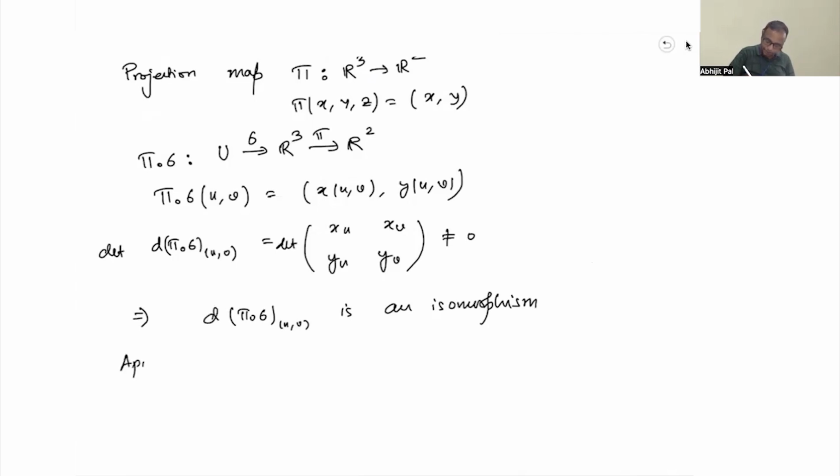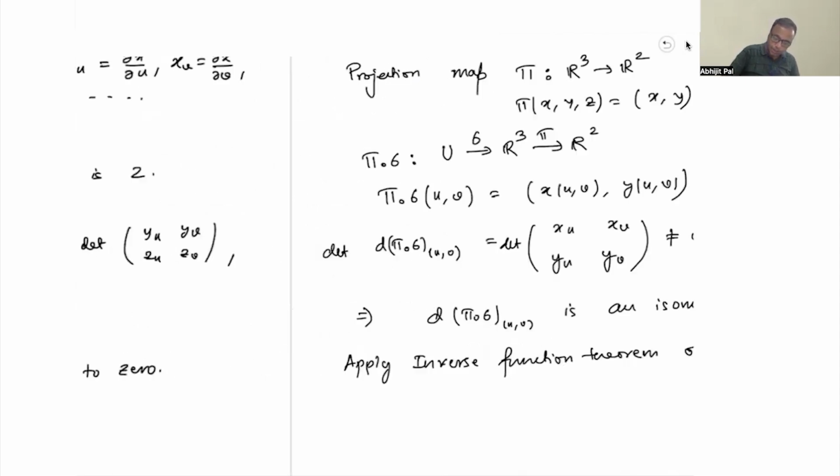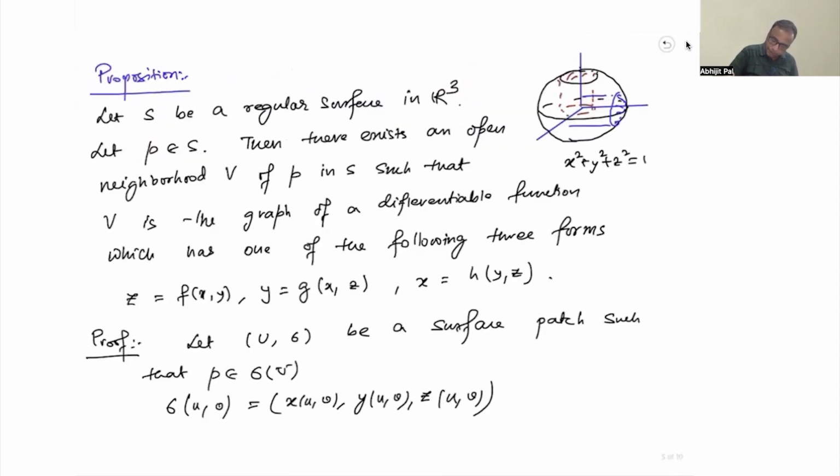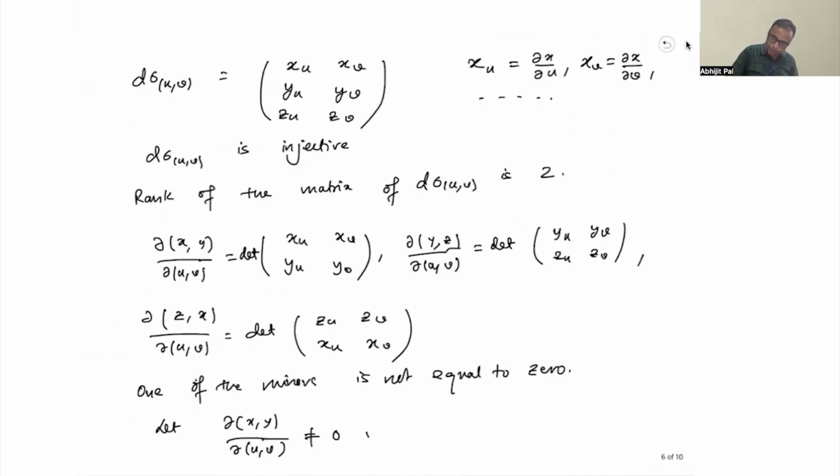So what we'll get: we have started with this point p, and we want to find a neighborhood of this point p such that z will be equal to your f of xy. That is what we want to find on this neighborhood. Okay, so let us see.